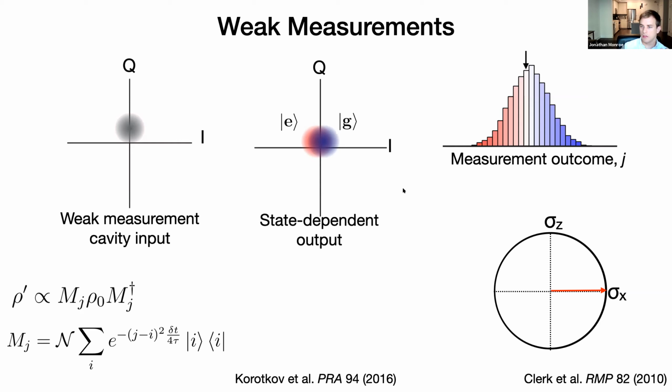So imagine that we're looking at this measurement outcome, and the first small chunk of the measurement has a slightly negative value. From that negative value, we know that the qubit is more likely to be in the excited state than the ground state. So we take our state of knowledge and we update it slightly to be closer to the bottom of the box here, that is the excited state.